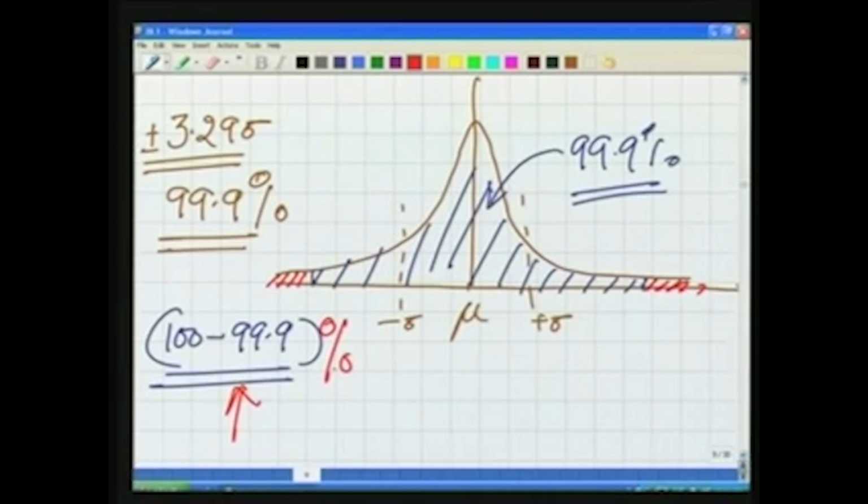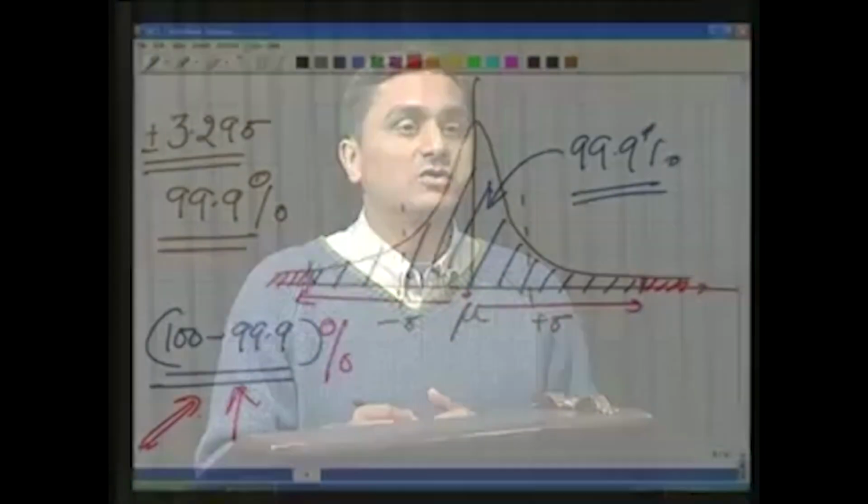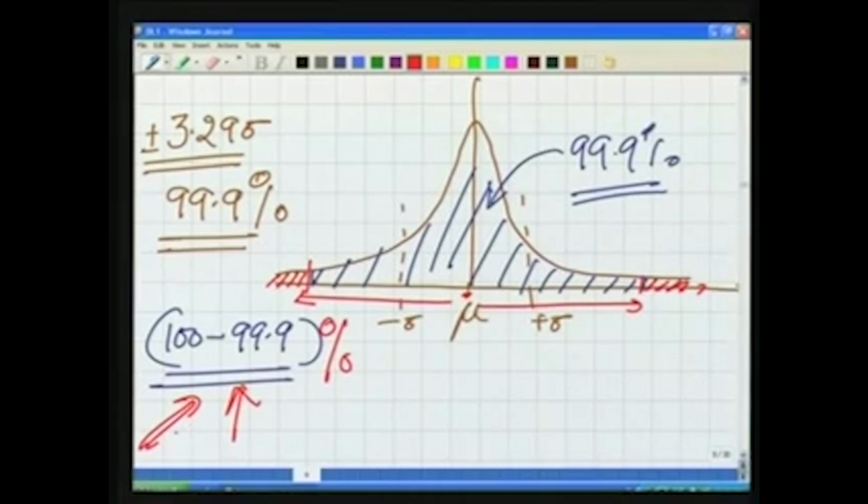The occurrence of data here is of less probability. So what this rule says is, if your data deviates from the mean by more than 3.29 sigma, that is, it has a very small probability, then reject it.